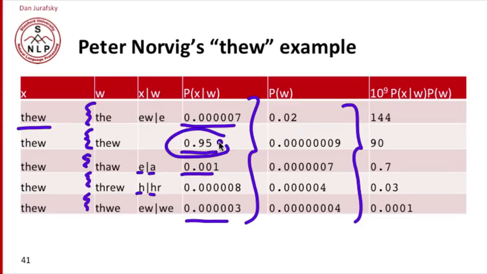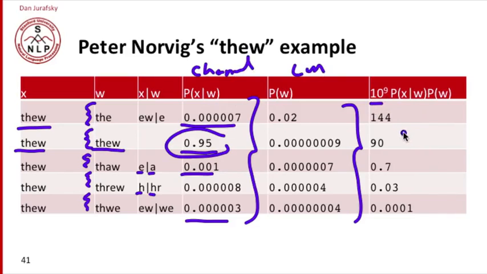And again, we've assumed the channel model of a word not changing, of the word X being correctly generated by the word X. And we can multiply these together, the channel model with the language model, showing you things multiplied by 10 to the 9th to make them easy to read.